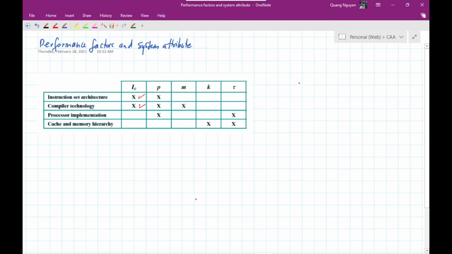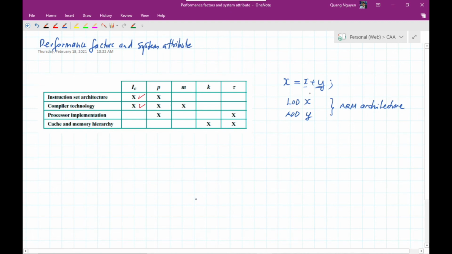Let's take a look at a simple program: X equals X plus Y. This is an assignment instruction in C language in which X will be accumulated by Y. The current value of X will be added to Y, and the result will fall back to X. If this instruction is compiled into machine code, you can have instructions like this: load X, add Y. This is the instruction from the ARM architecture.